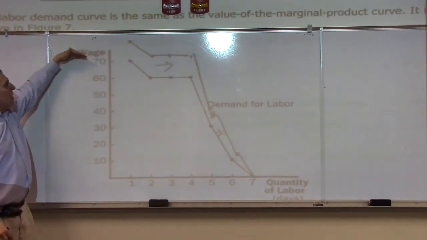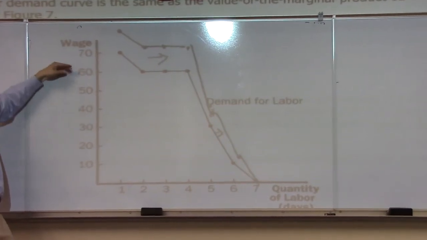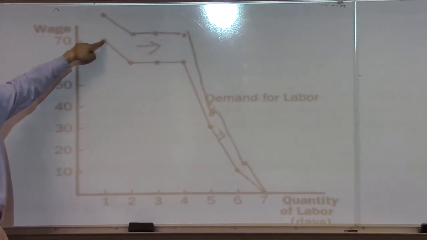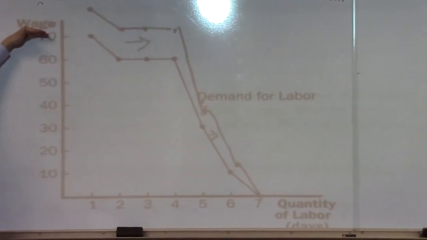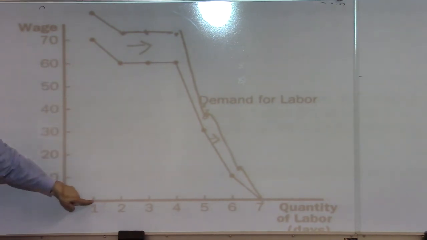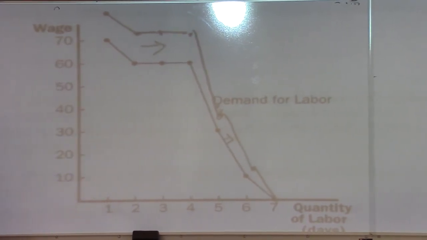Whatever the wage rate is on this axis, this curve tells you how many units of labor they would hire. If wages were 70, the firm goes to the curve, goes down to this axis, and would hire 1 day of labor, which would be the profit maximizing level of labor hired. Okay? That's why it's a demand curve.